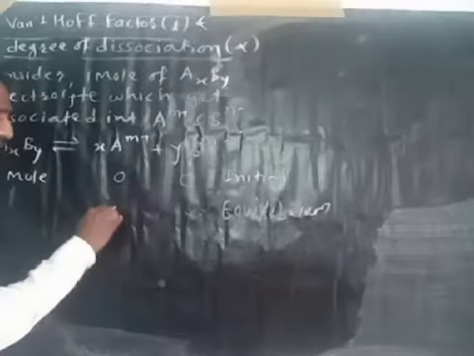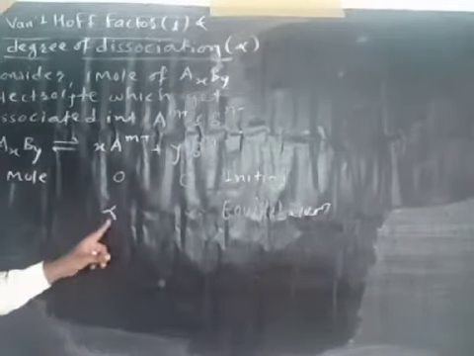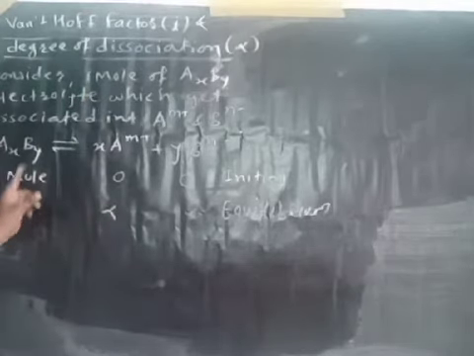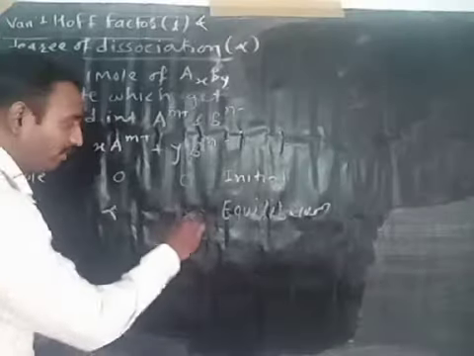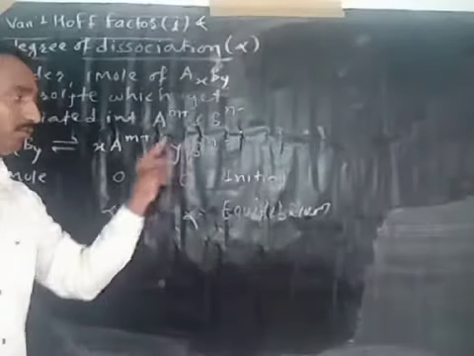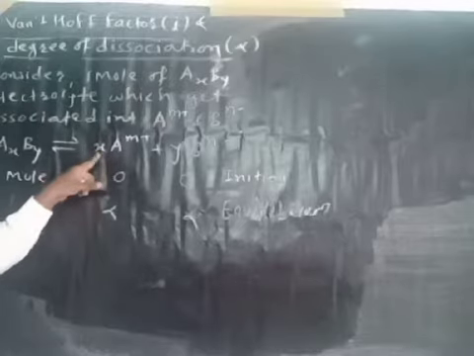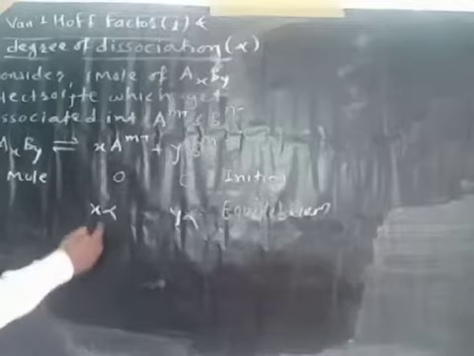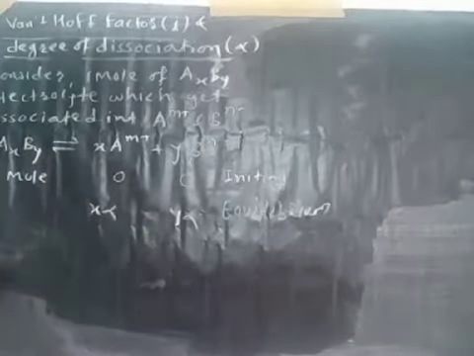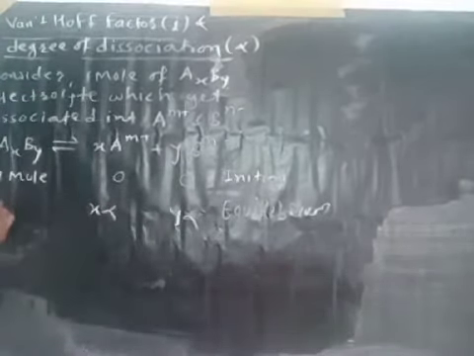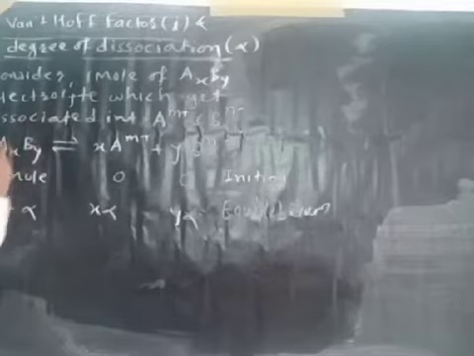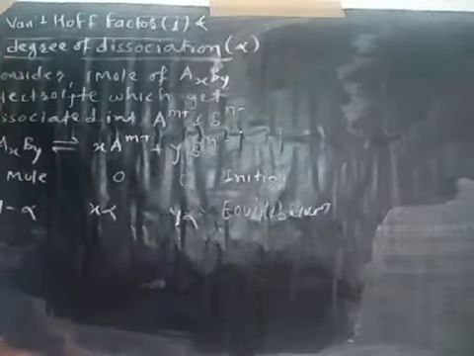Suppose alpha is that portion. That means alpha is the degree of dissociation. Alpha is the part which gets dissociated out of 1 mole. But the number of particles is x, that's why x alpha, and here y, that's why y alpha. And if alpha is the degree of dissociation, then 1 minus alpha is the remaining undissociated part of this electrolyte at equilibrium.